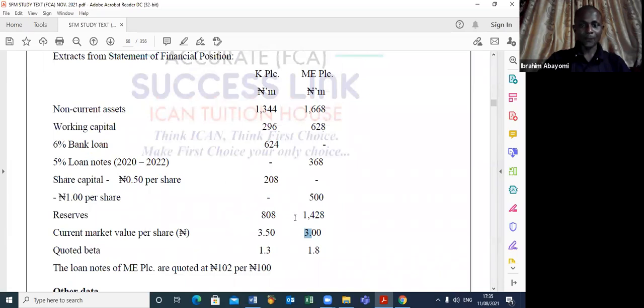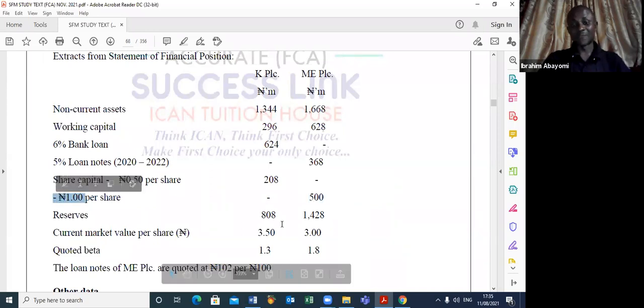MEPSC has 500 million naira worth of ordinary shares, and the nominal value per unit is 1. So to get the number of shares, I simply divide 500 by the nominal value of 1, and that gives me 500.